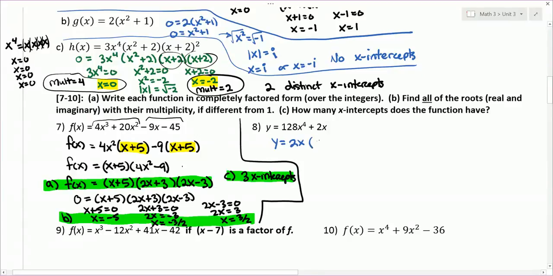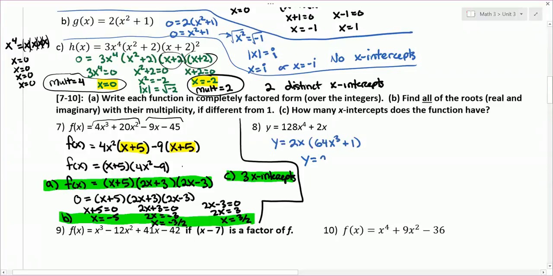And I'm left with 64x to the third plus 1. Notice we have a sum of two perfect cubes. 64 is 4 to the third power, and 1 is 1 to the third power. So when you have a sum or a difference of two perfect cubes, that will be factorable.